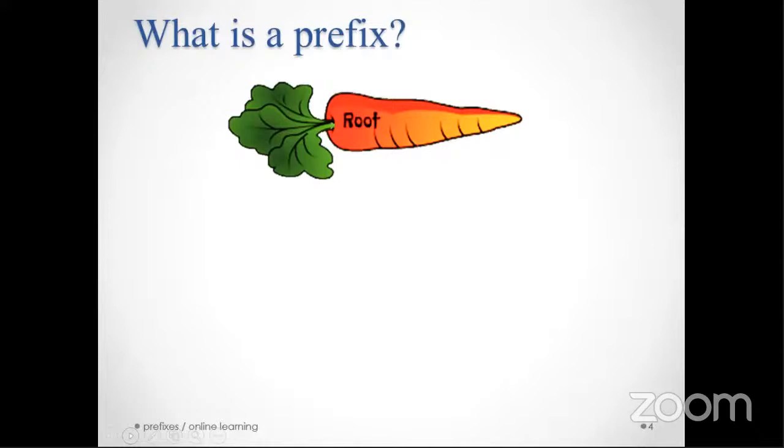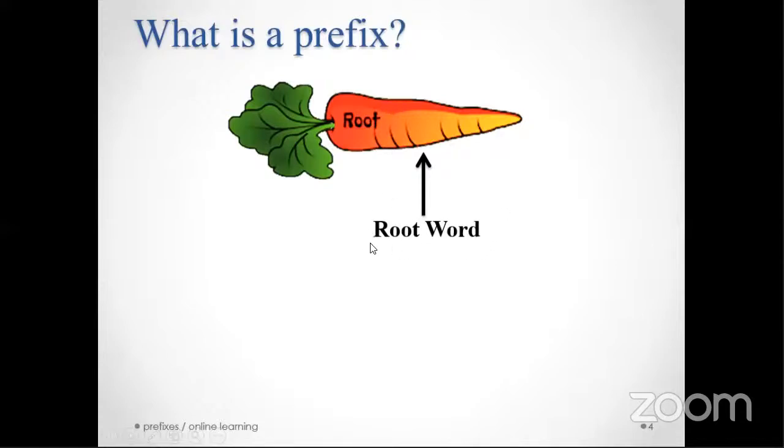You all like to eat carrot, and here we can see two parts, the root and leaves. So we can nominate this part as the root word. Think of this as a word. This is the base word.